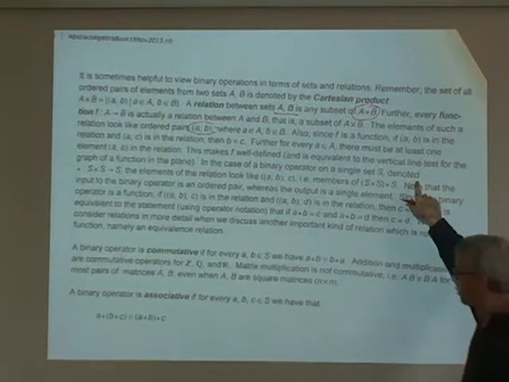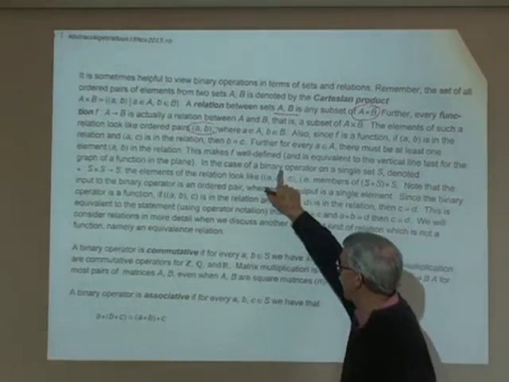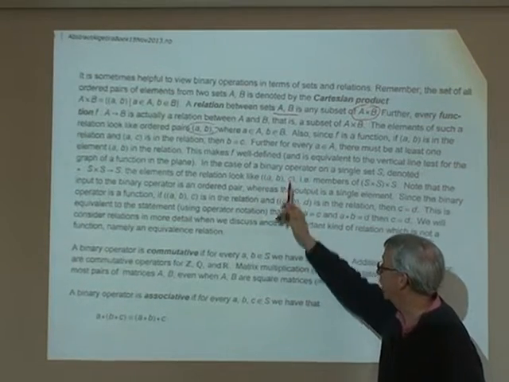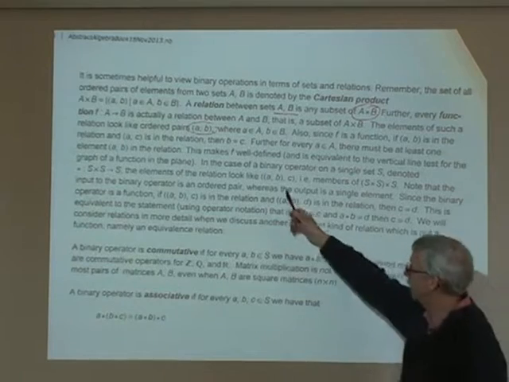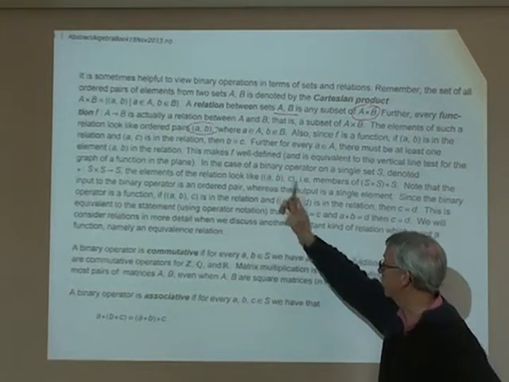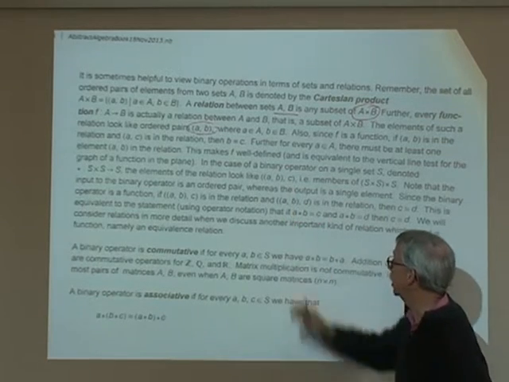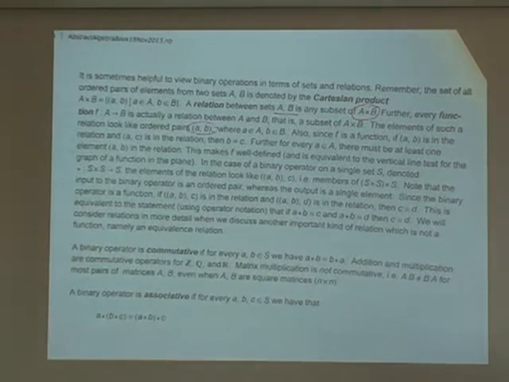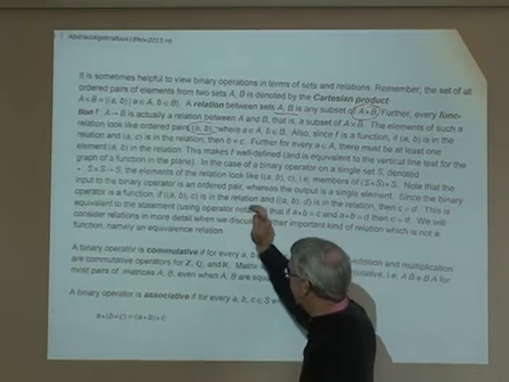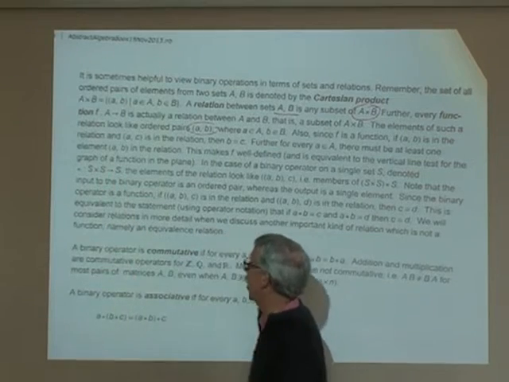In the case of a binary operator, my elements in the relation look like this. I associate an ordered pair with an answer. So the elements that look like AB are the elements of the domain, and C is an element of the codomain. So viewed as a relation, it's still a subset of S cross S cross S.